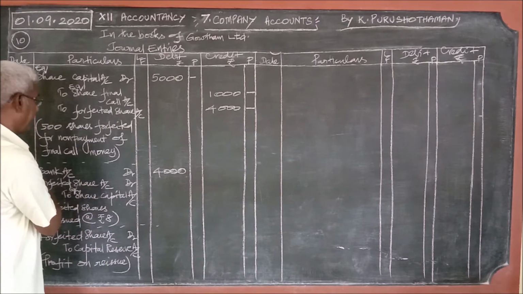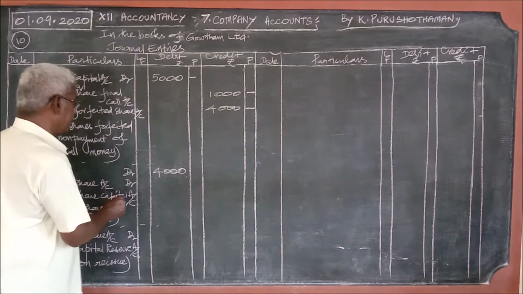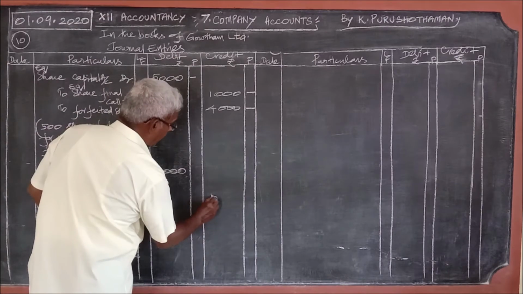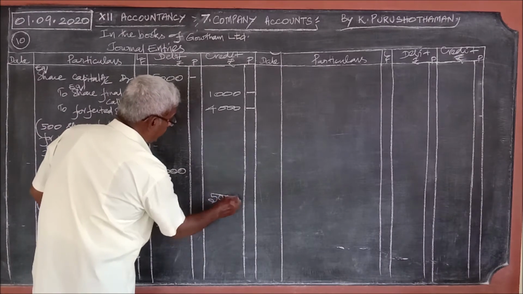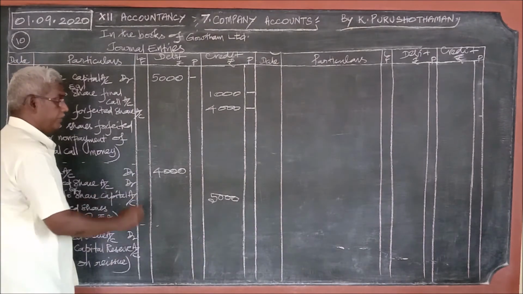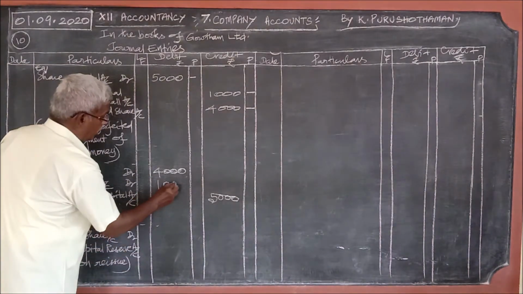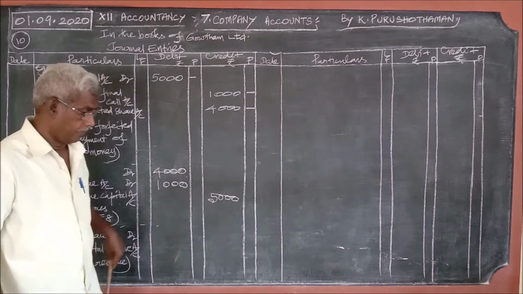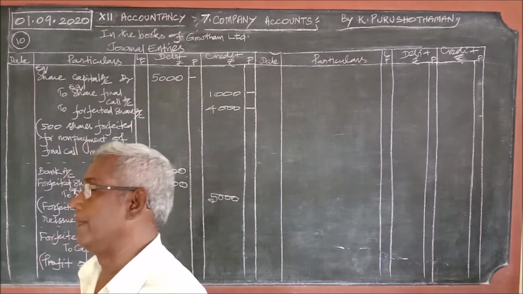That is 500 shares, 500 into 10, 5,000 rupees. But what is the balancing figure on the debit? 1,000.